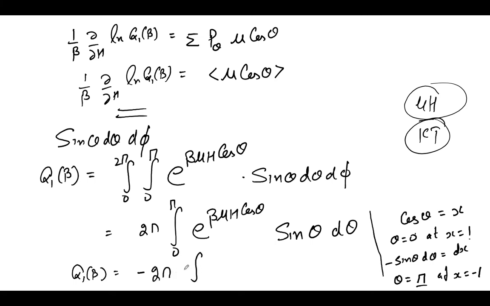The limit 0 to pi is changed from minus 1 to plus 1, exponential of beta mu h cos theta, which is equal to x, into dx. So this is our modified equation. Let us say this is equation number 5, this is equation number 6.